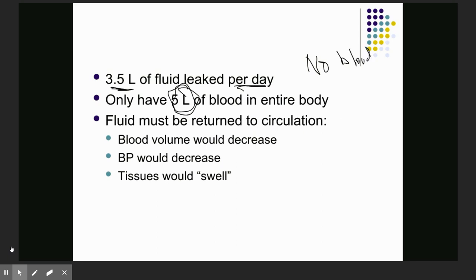So we have to return it to the circulatory system. Otherwise, blood volume would go down, blood pressure would go down, and our tissues would swell up like crazy.